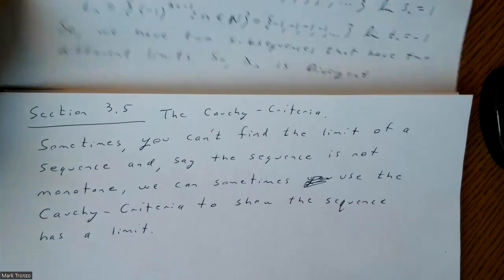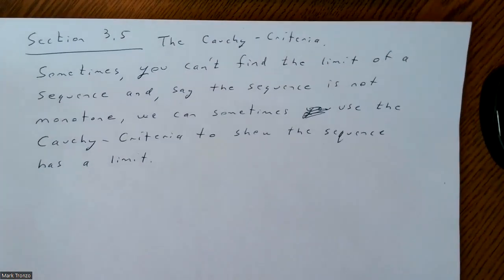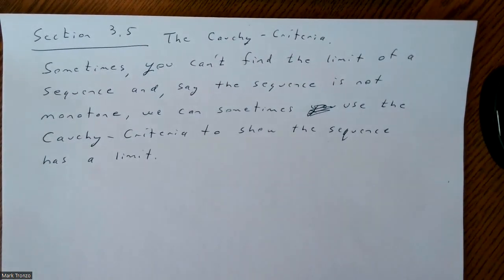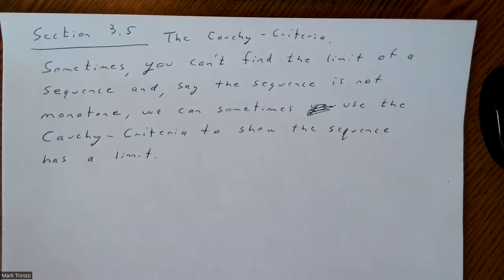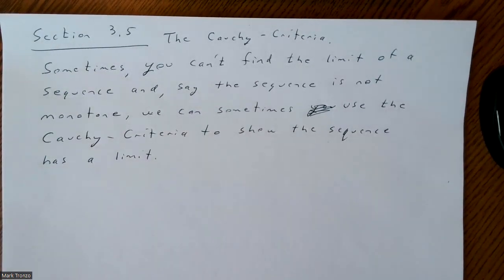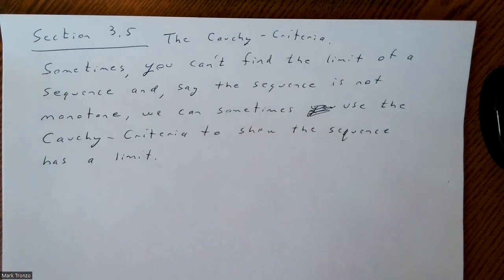So again, you're trying to show the sequence has a limit, but you can't find the limit. Sometimes it's difficult to find the limit of certain sequences, and it's not monotone. Like I said before, if we knew it was monotone and bounded, we would have the limit even if we didn't necessarily find it, because we may or may not be able to find the sup easily. But as long as we know it's bounded, we know a monotone sequence has a limit.